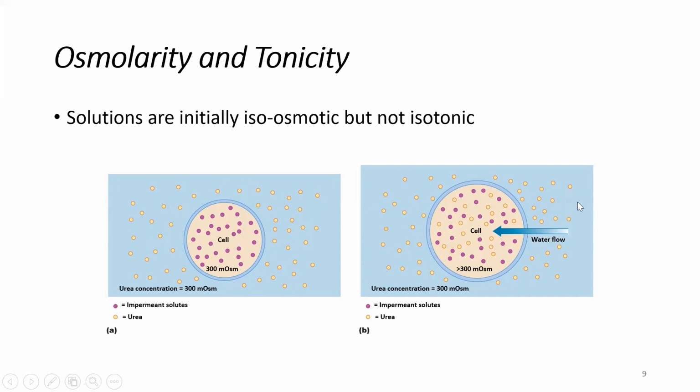So we have a hypotonic solution here, although we can think of it as being an isoosmotic solution as well. And this is the essential difference between osmolarity and tonicity. Osmolarity considers all the solutes dissolved. Tonicity only considers the impermeate solutes, or the solutes that cannot cross the membrane in question.